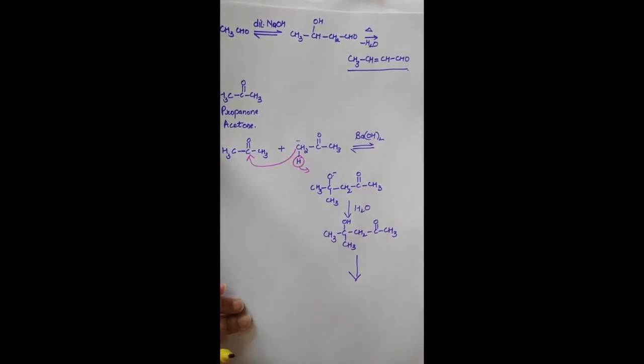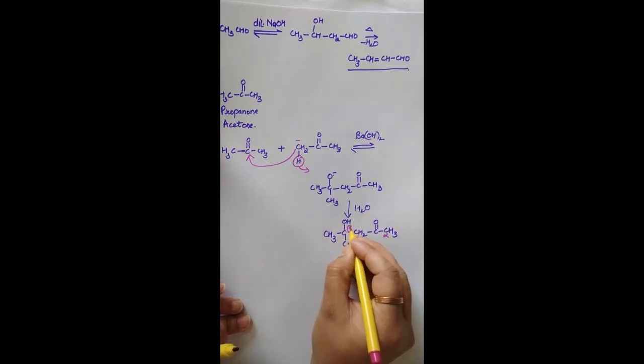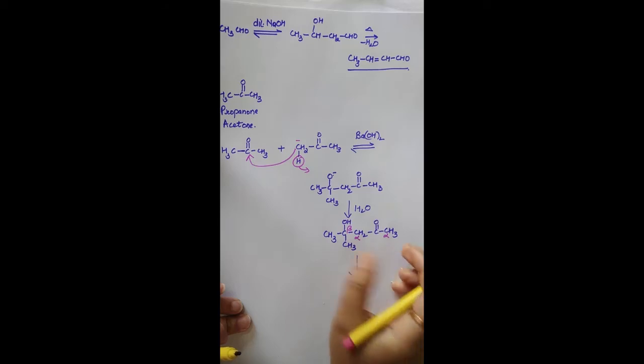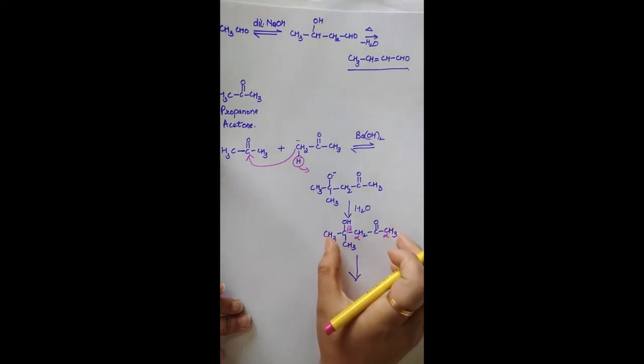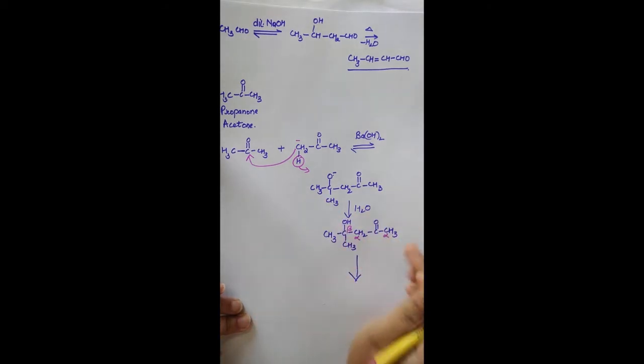So in the next step, you identify this is your alpha carbon, this is also alpha, this is beta. So you now have a ketol. Usually it is because we are taking ketone, so it is ketol, but we will call it aldol here. So this is your first product which is formed here.